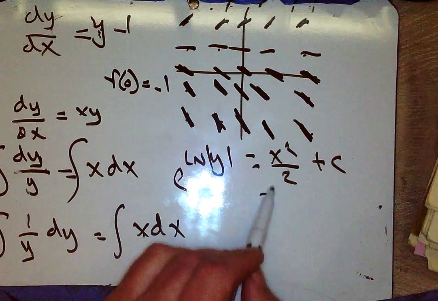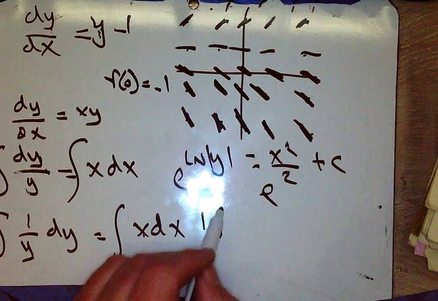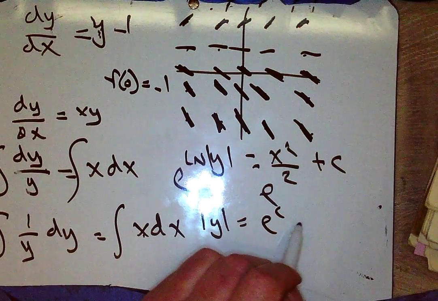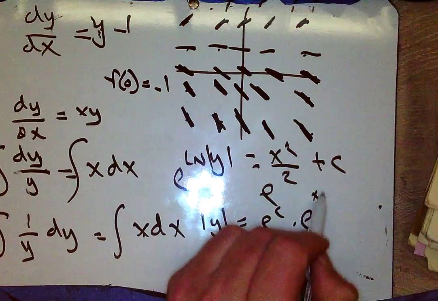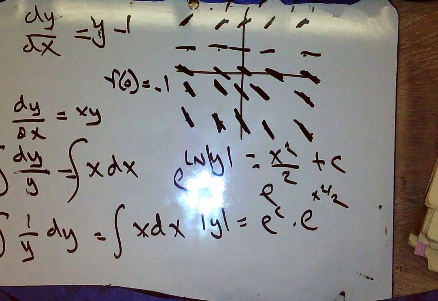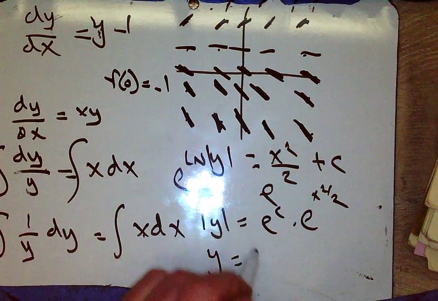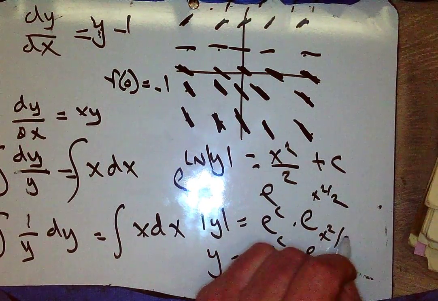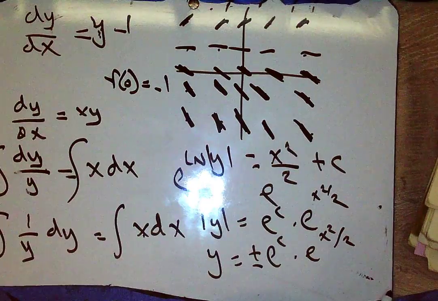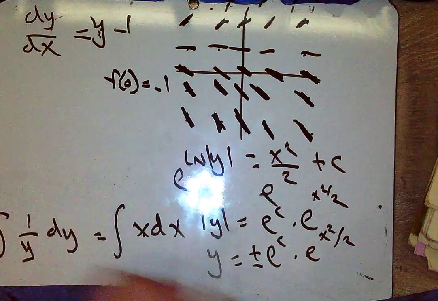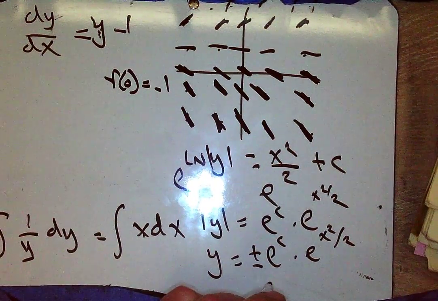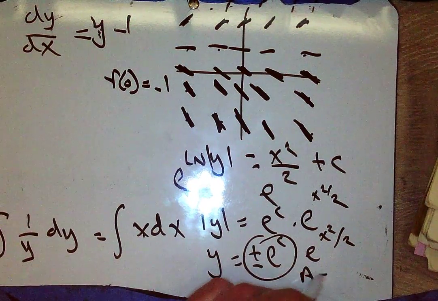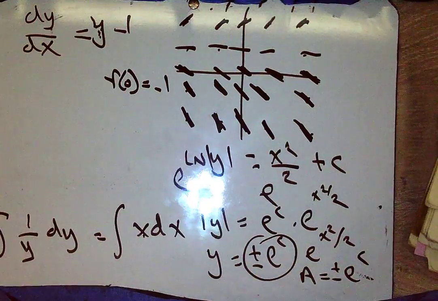I now need to exponentiate. Times e to the x squared over 2. And if I get rid of that absolute value, I have something that looks like this. Okay, so we had that initial condition, 0, 1. I want to do something here like a equals plus or minus e to the c.